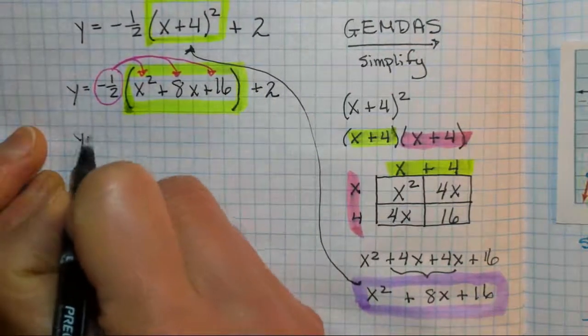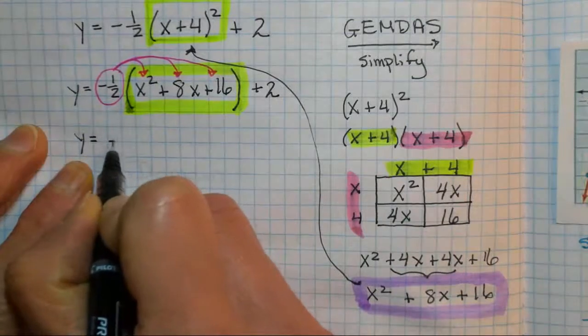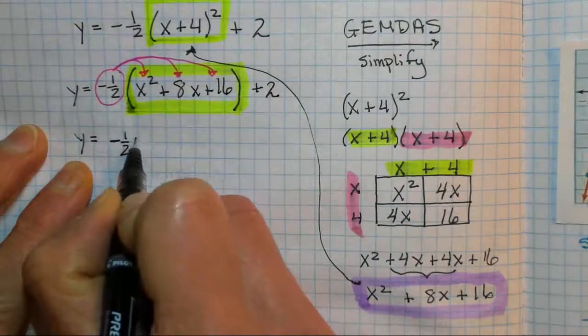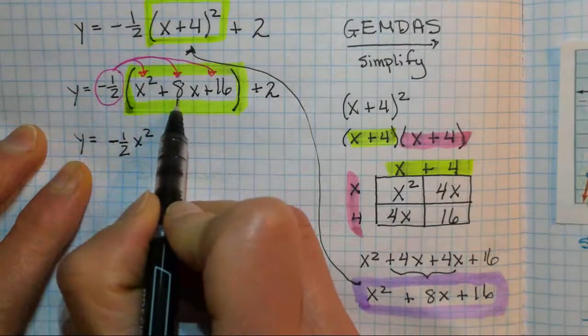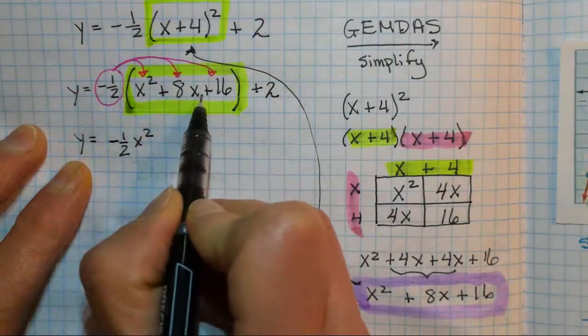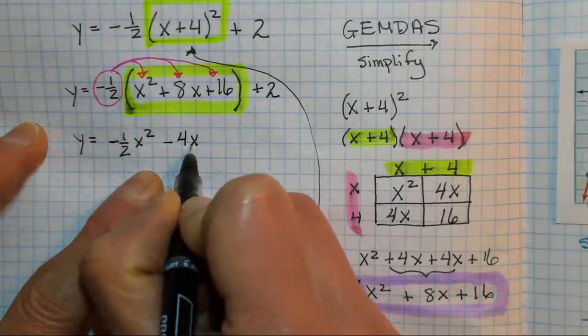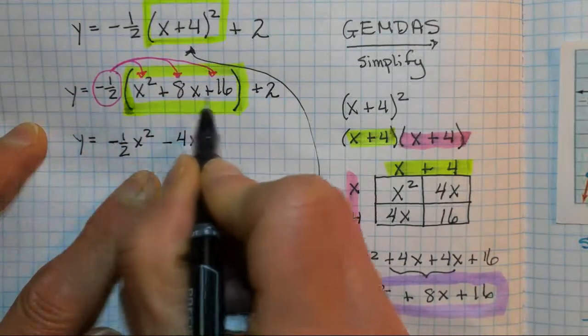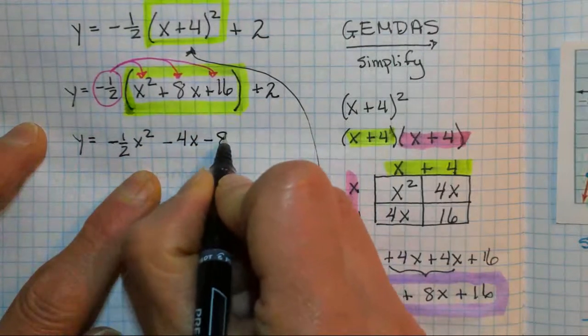So I have y is equal to negative 1/2 times x squared is negative 1/2 x squared. Negative 1/2 times positive 8x is negative 4x. Negative 1/2 times 16 is negative 8.